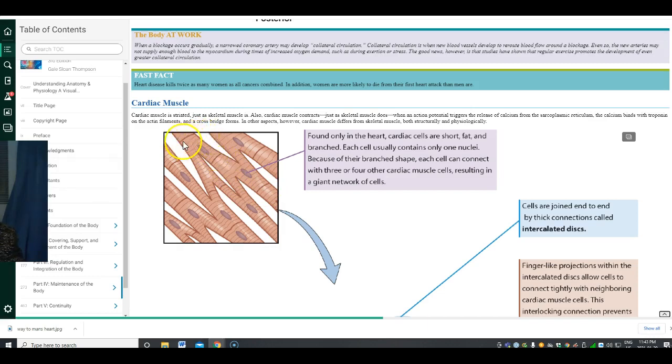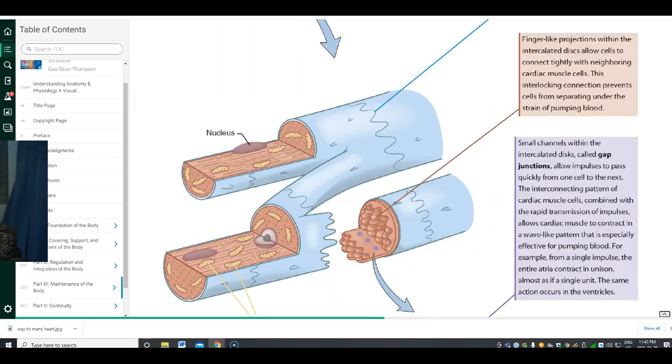And there are these intercalated discs which result in the connections, and they allow the muscle impulse to be conducted from one cell to another.